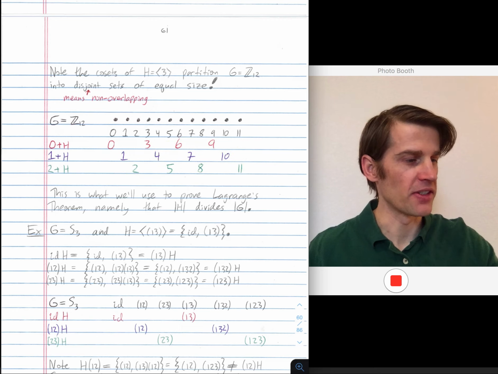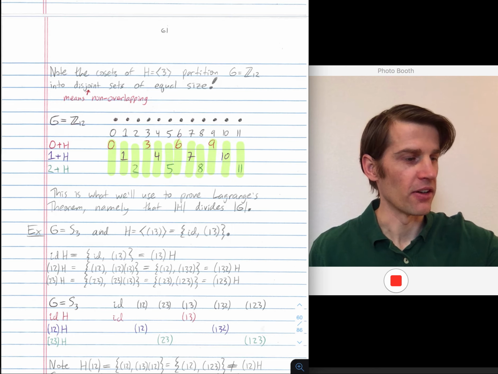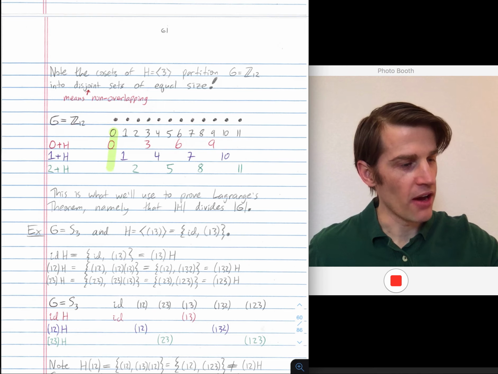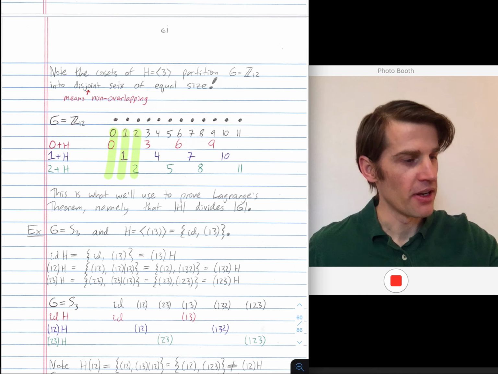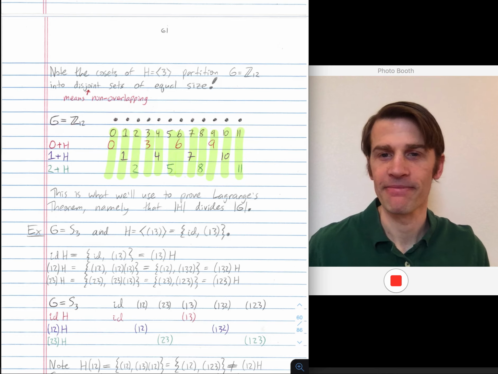The 3 cosets are disjoint, so no element is in more than 1 coset. And the cosets partition the elements of the larger group, so every element of the larger group is in a coset, and furthermore, it's in exactly 1 coset.